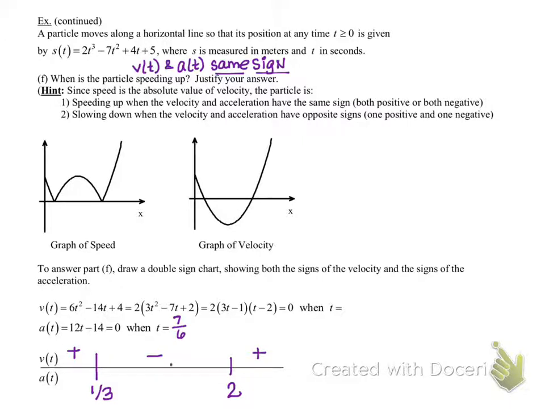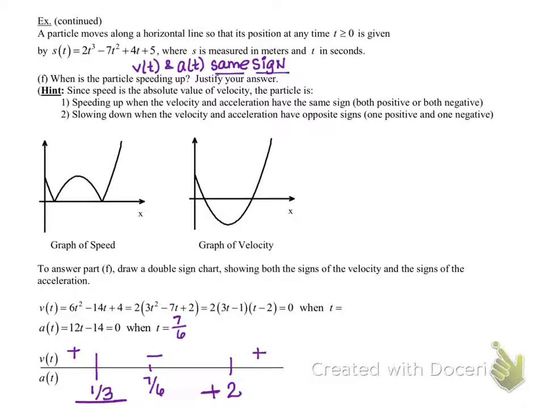That number is right around here. We know that when we put 0 into our acceleration, we get a negative, so this whole bit down here is negative. And when we put in 2 for t, we get a positive, so it's all positive over here.